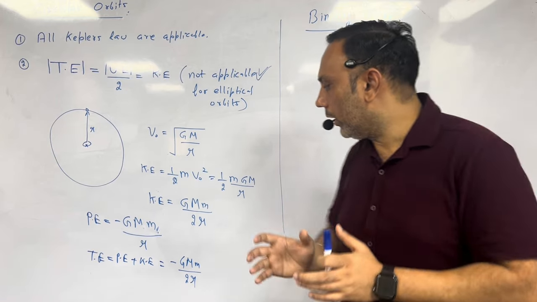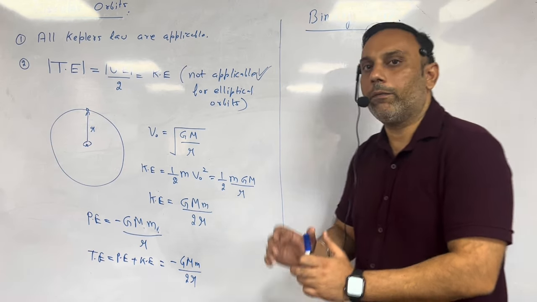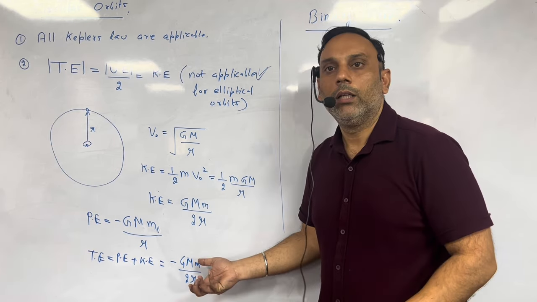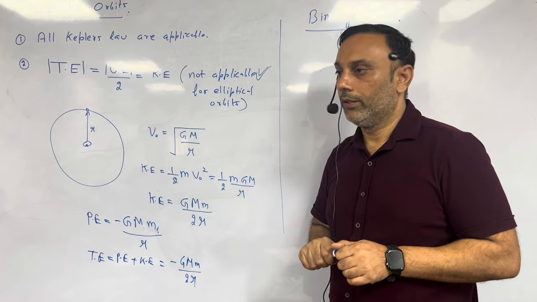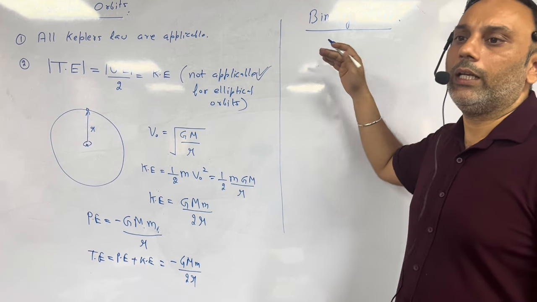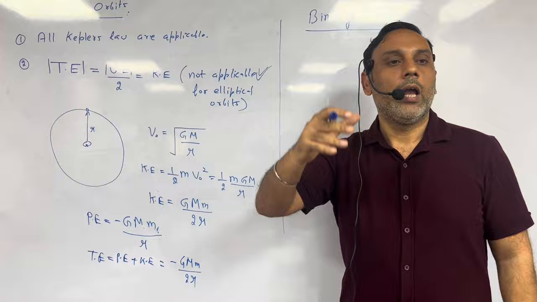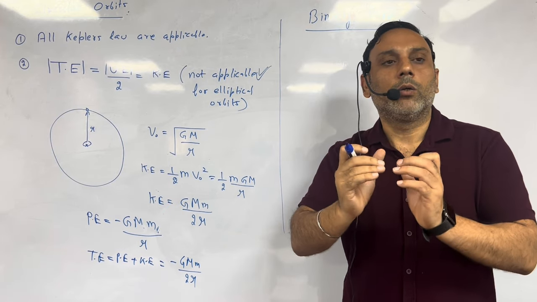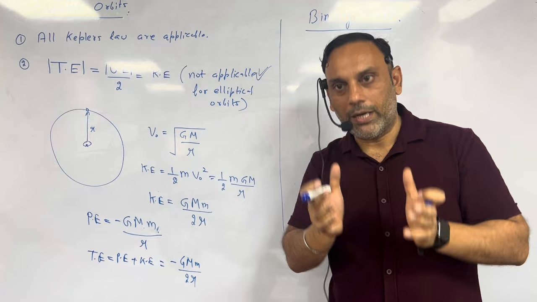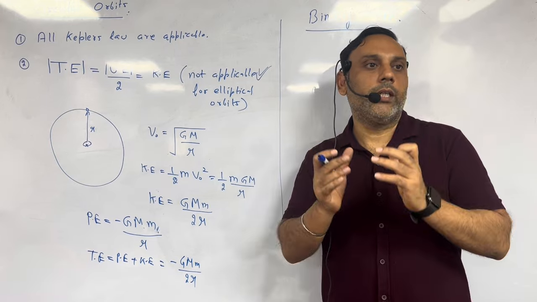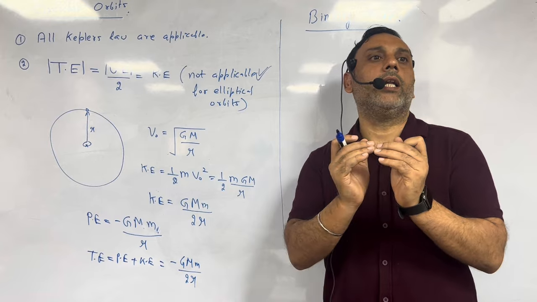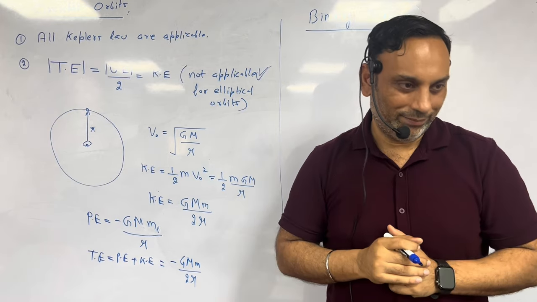So whatever total energy a satellite is carrying, if that amount of energy you give, then the system can come into a non-bounded state. So binding energy is basically the energy required by a planet to move up to infinity. For a satellite, same definition: how much minimum energy is required by a satellite so that it can reach up to infinity?